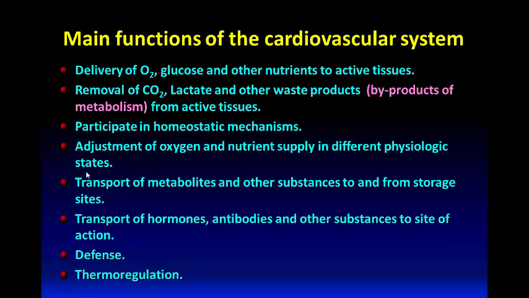And by being the major transport system in the body, the cardiovascular system transports metabolites and other substances to and from the storage sites, and it also transports hormones from the endocrine glands to their target organs and tissues, and it also transports antibodies and other substances to the site of action. The cardiovascular system also plays an important role in defense and in thermoregulation.